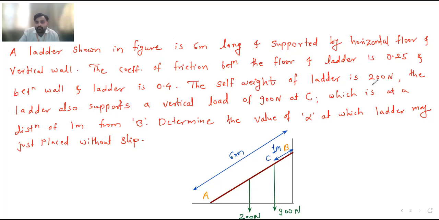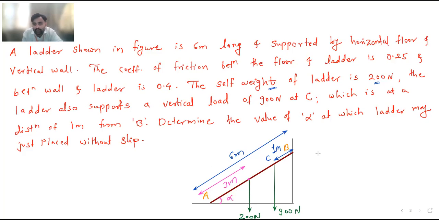Now the self weight is 200 Newton. Total is 6 meter, so this self weight will act through the center, the CG, and this distance is 3 meter. This angle is alpha, which we need to calculate.